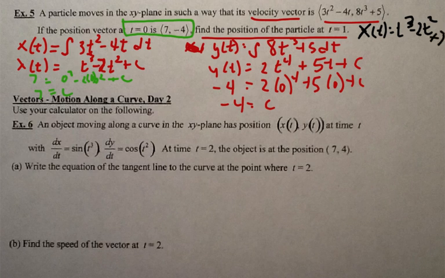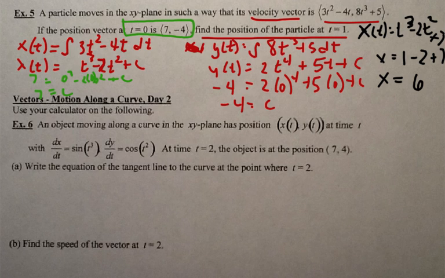And what is my time? 1. So plug in 1's for both of those t's. So x of t is equal to 1 cubed, which is 1, minus 2 times 1, which is 2, plus 7. So that's going to give me an x value of 6.